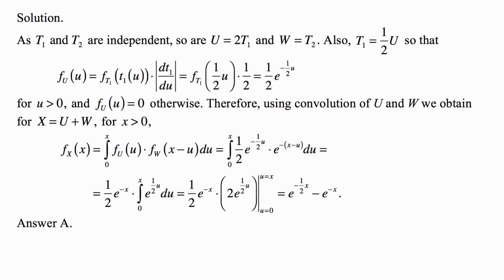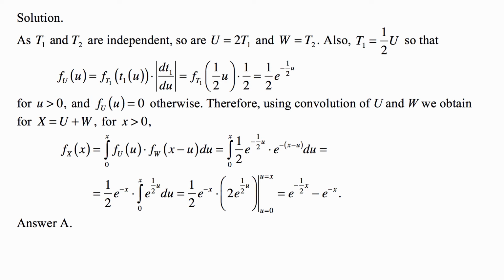So this is f sub T1 of 1/2 u times 1/2, but T1 is exponential with mean 1, so that f of t is e to the minus t, and f sub T1 of 1/2 u is e to the minus 1/2 u. So this is 1/2 e to the minus 1/2 u, which, by the way, of course, is exponential with mean 2. And that's not hard to see: if T1 is exponential with mean 1, then 2T1 is exponential with mean 2.